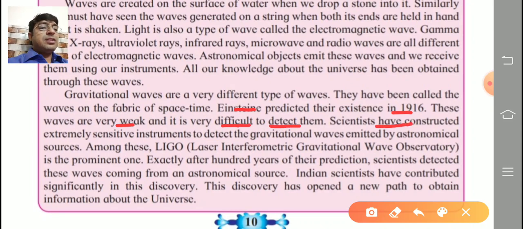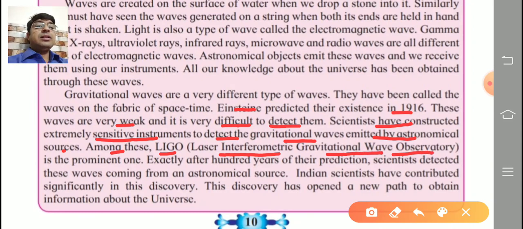Scientists have constructed extremely sensitive instruments to detect these gravitational waves emitted by the astronomical sources. Among these, LIGO, what is the full form of LIGO? Underline. That is the Laser Interferometric Gravitational Waves Observatory, the prominent one.